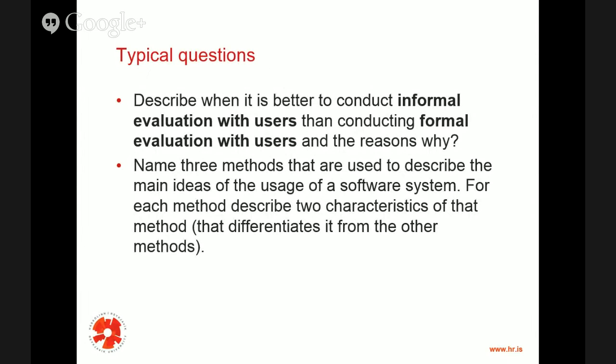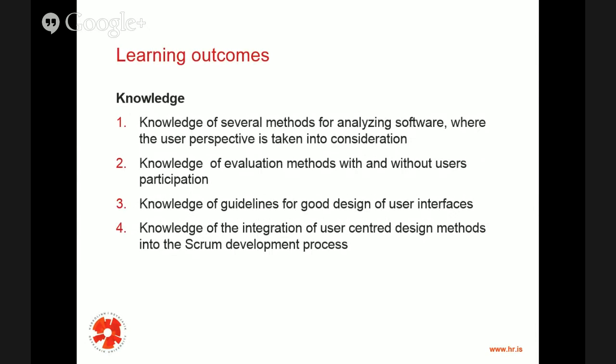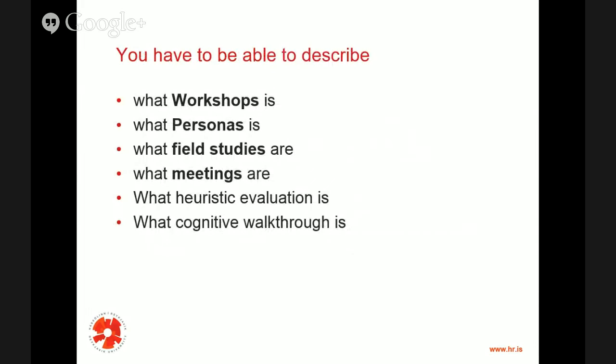And then we had the knowledge learning outcomes. There, I would like you to be able to describe workshops. These are the methods that I introduced later on, or sometimes in parallel, but you were not using these in the assignments. I would like you to know that these exist and how these are done.